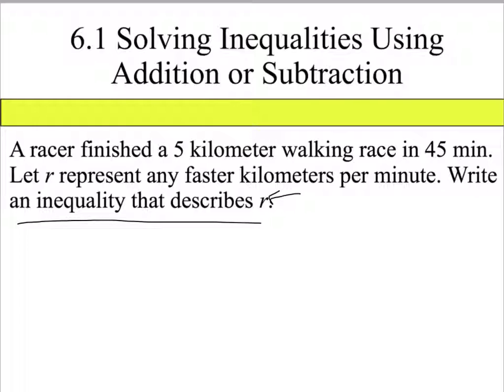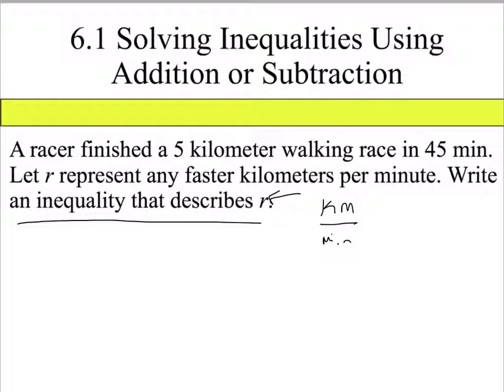All right, so when you look at this, a racer finished a 5-kilometer walking race in 45 minutes. Let R represent any faster kilometers per minute. So the very first thing is you will notice we have kilometers per minute. So if you set that up using the labels, it would be kilometers per minute.